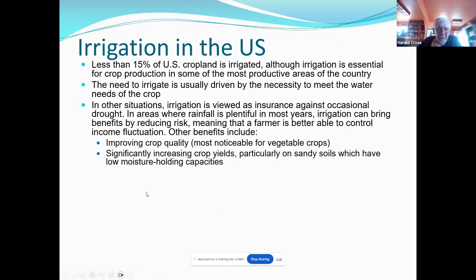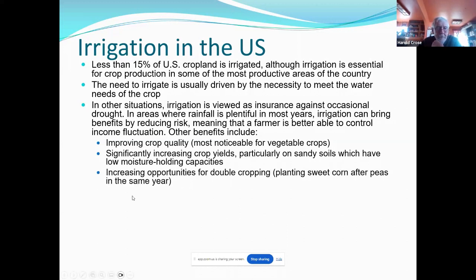And significantly increasing crop yields, particularly on sandy soils, which have low moisture holding capacities. I know that the Warden area in the Columbia Basin has the highest grain yields in the nation under irrigation. The record holders have been there, producing 230 to 250 bushel wheat on irrigated ground. So it's significant.